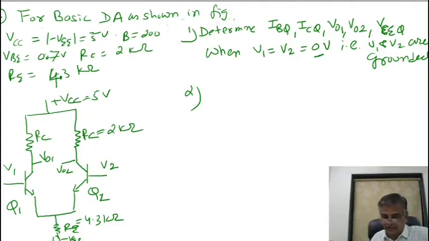For the basic differential amplifier circuit, means this circuit, VCC is 5, beta is 200, VBE 0.7, RC 2 kilo ohm, RE 4.3 kilo ohm.